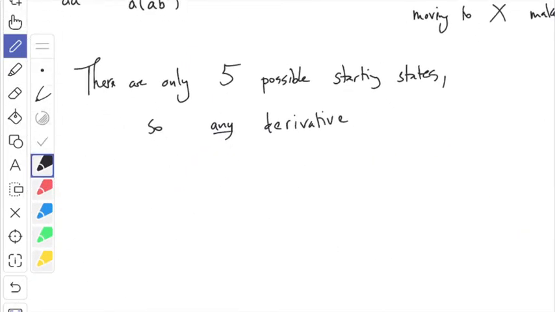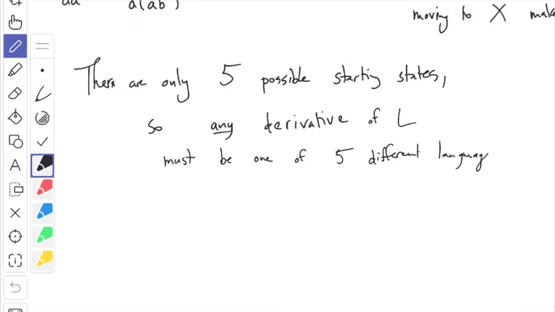So any derivative of L must be one of 5 different sets, or 5 different languages, if you like. You can take the derivative with respect to any string you want. There's only 5 possible different answers that you could get from those derivatives.